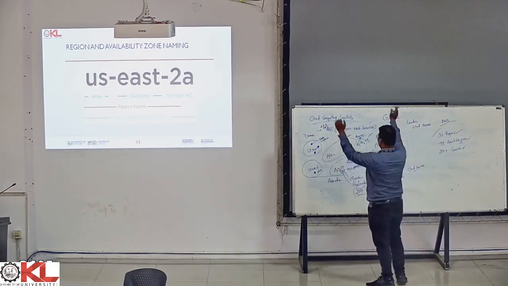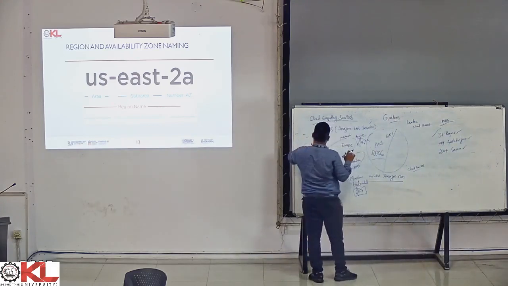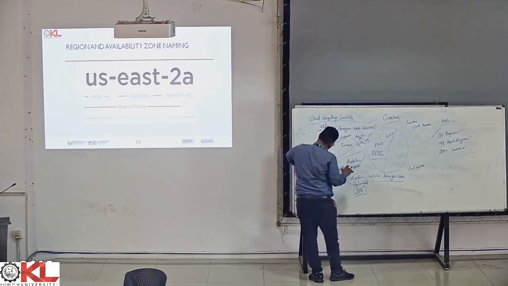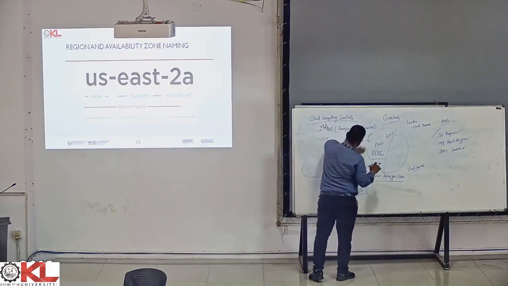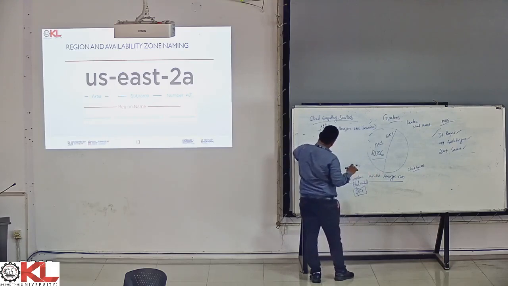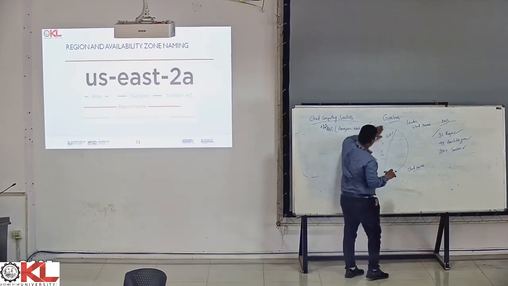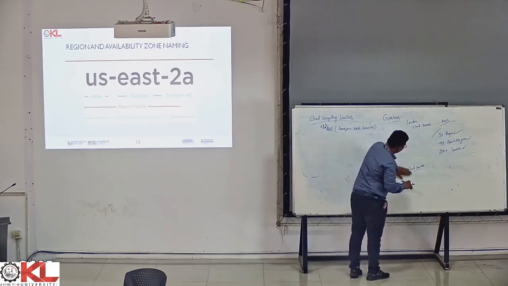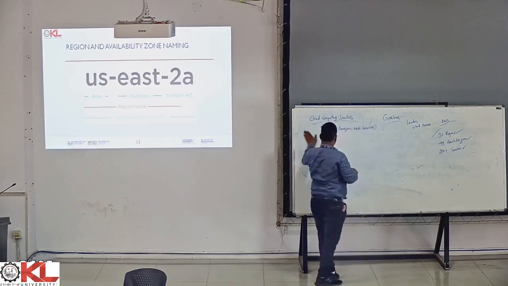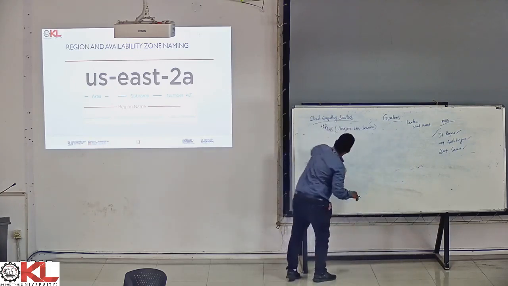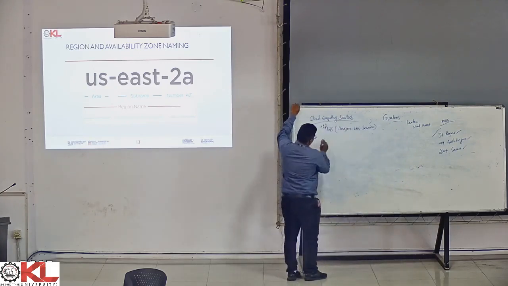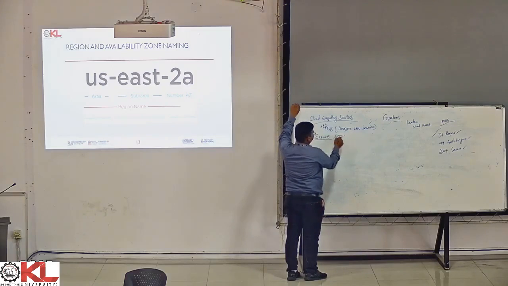Now, in today's class, we are trying to learn an important service offered by AWS called EC2. There are many more services offered by AWS, I told you there are 200 plus services.